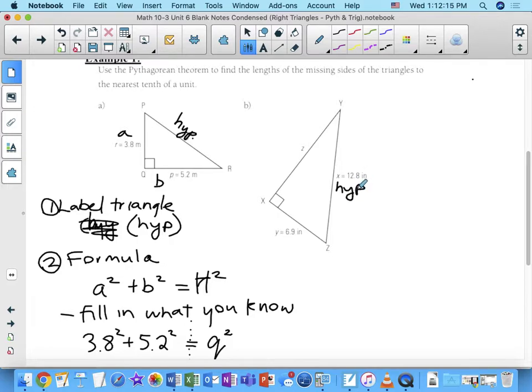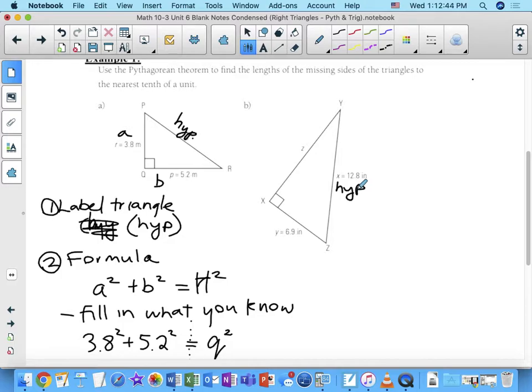This is a really common error: when students are going quickly, they think that the hypotenuse is whatever side is unknown. That's not always true. In fact, it's only true about a third of the time, because there are 3 sides.